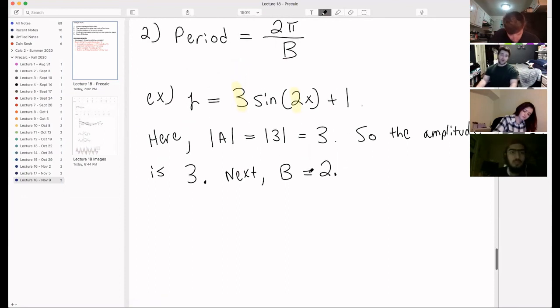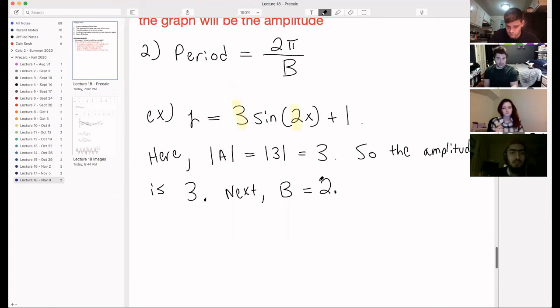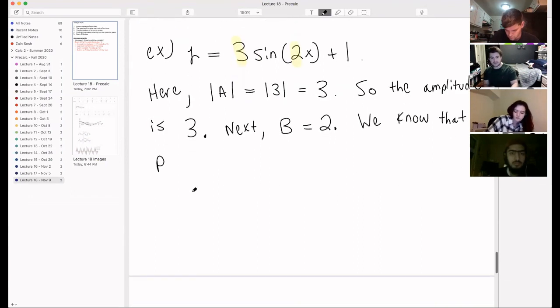Now I want to find the period from this. We know that P, the period, will be 2 pi divided by the B value, 2 pi divided by 2.